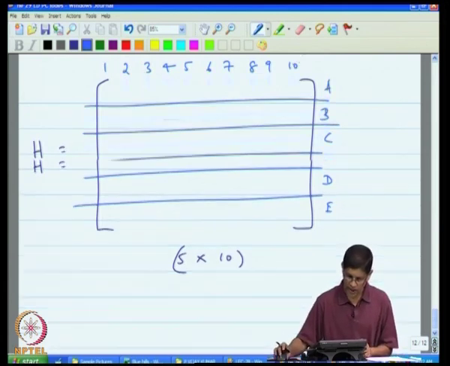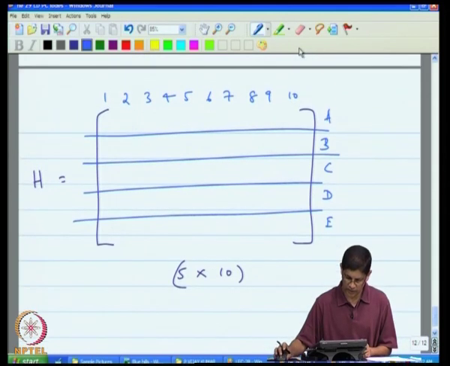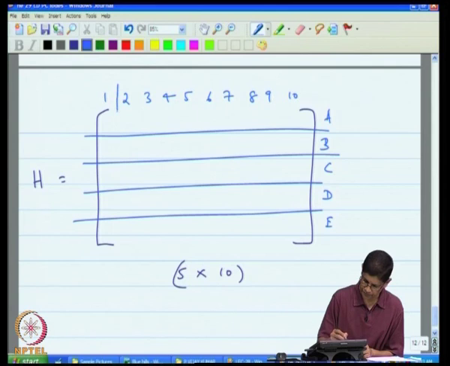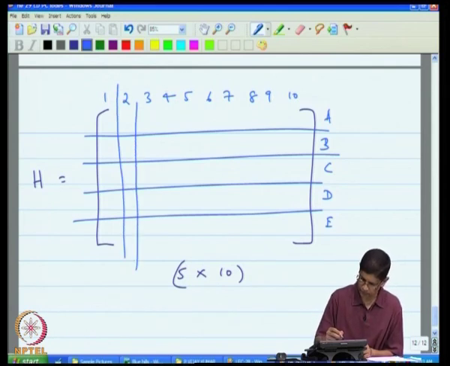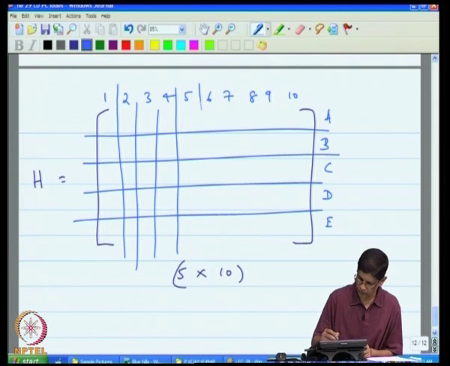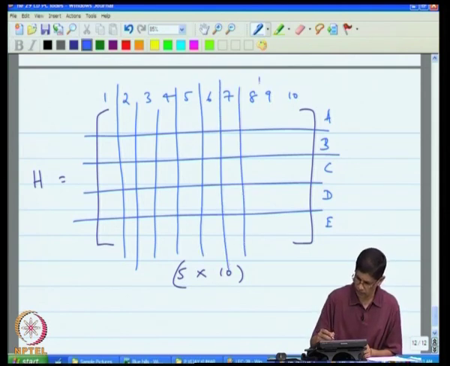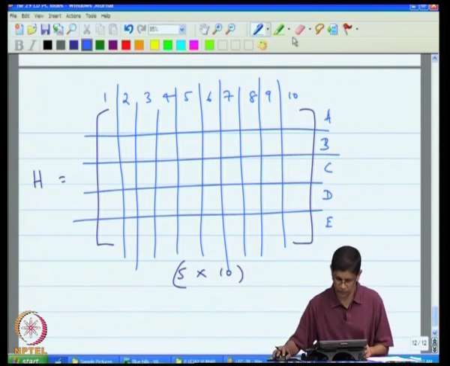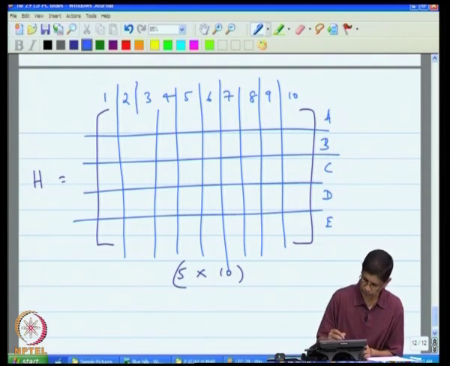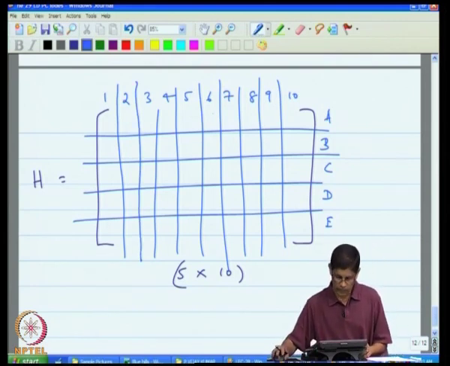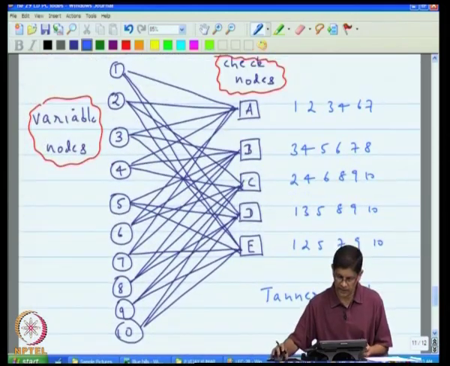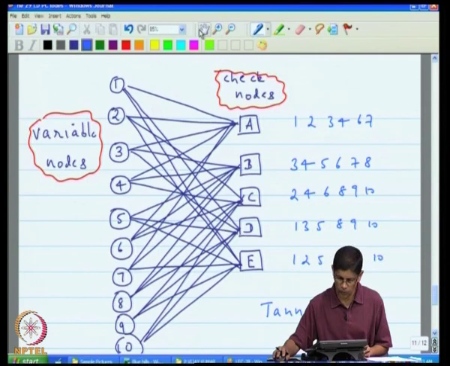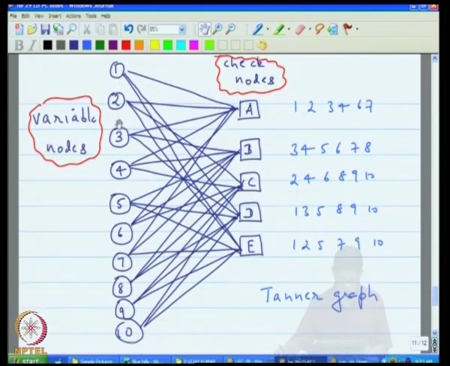Okay. And what this graph is telling you is that in row A, remember that the rows are in correspondence with the letters and the columns are in correspondence with these numbers.